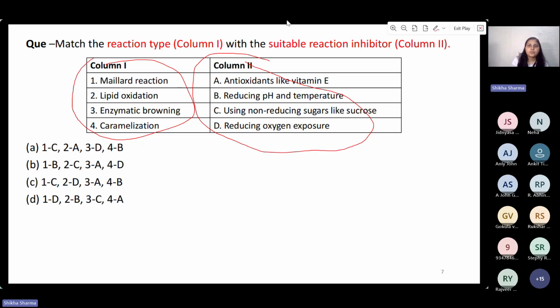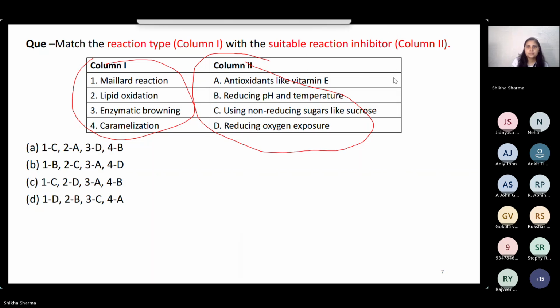So anyone who would like to answer this question? Aman C, Satyam C. Okay, let's see.